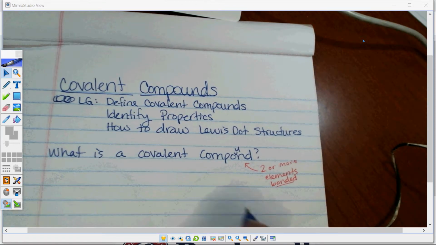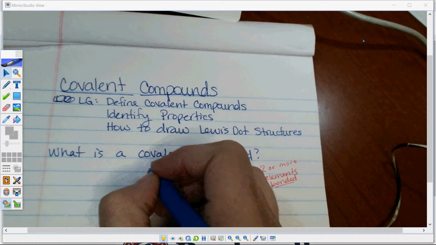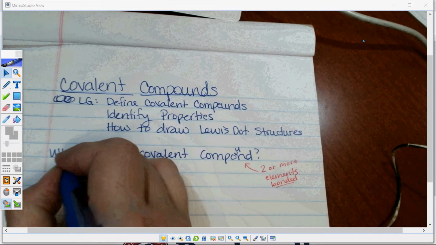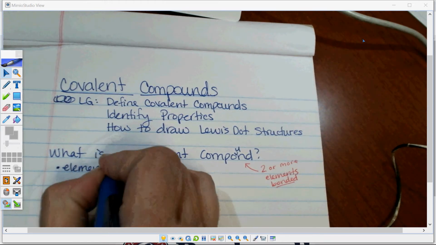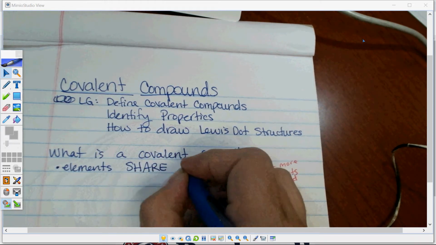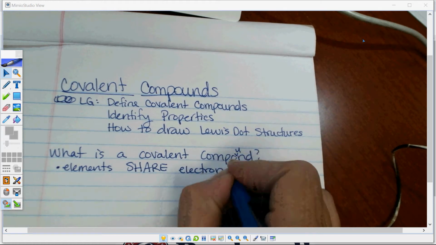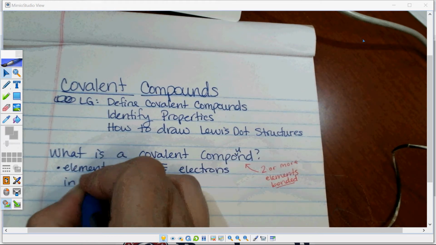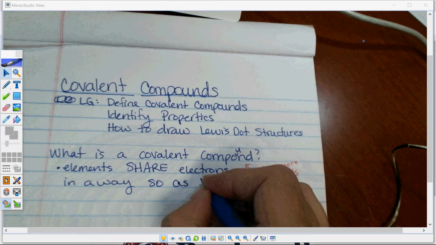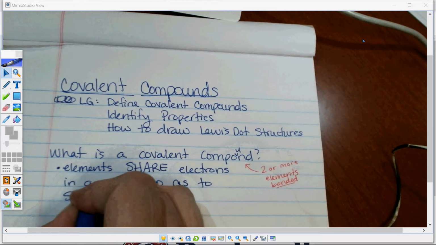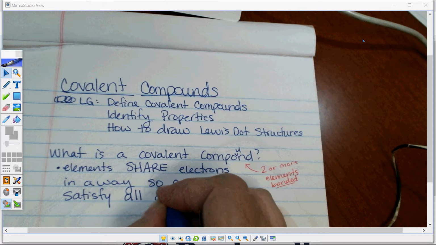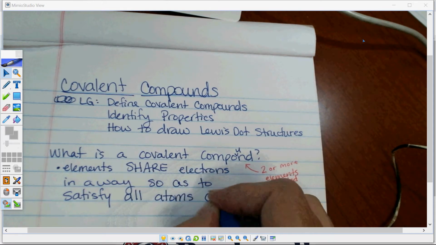And so specifically for covalent bonds, what's happening is this is when elements share their electrons, and they share them in a way so as to satisfy all atoms' octets.